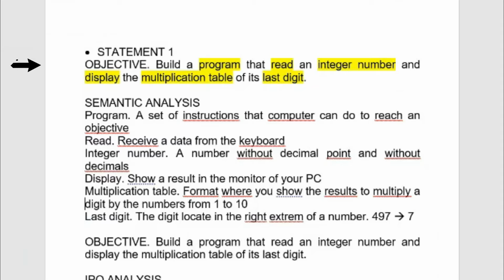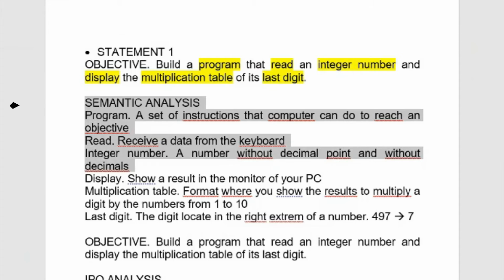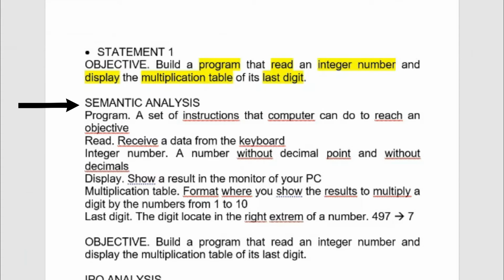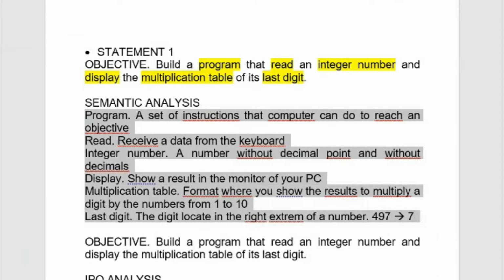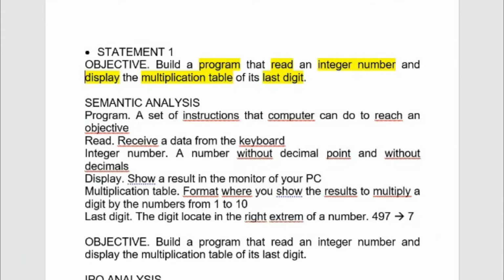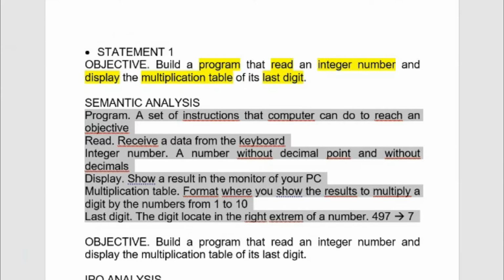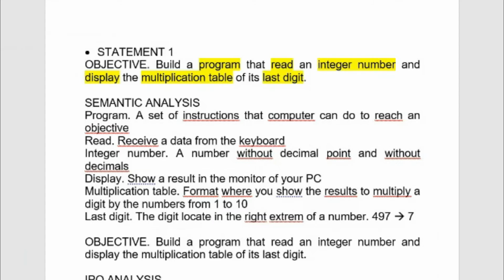Now, you see, this is the objective, and this is the semantic analysis. If you can separate the keywords of the objective, and you can define each word easily, you can say, I really understand what is the objective. But if you have any doubt, or probably you don't understand any of the keywords of the objective, you can't say, I understand the objective.